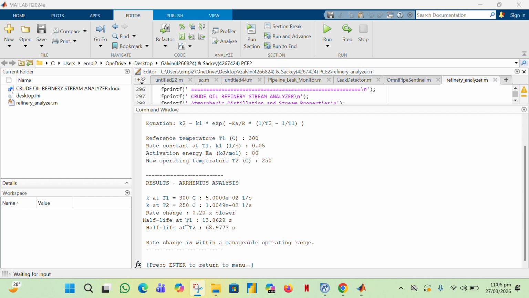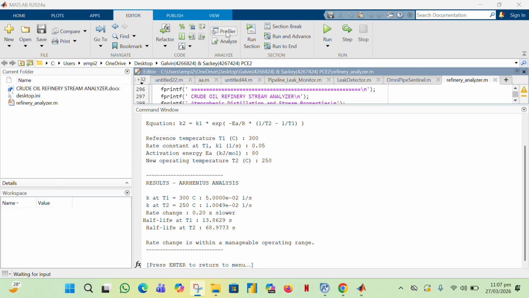When it gives such information, the engineers can monitor the temperature drop, so that if it goes beyond the range they've already studied, they can adjust it so the reaction happens at the rate they want.